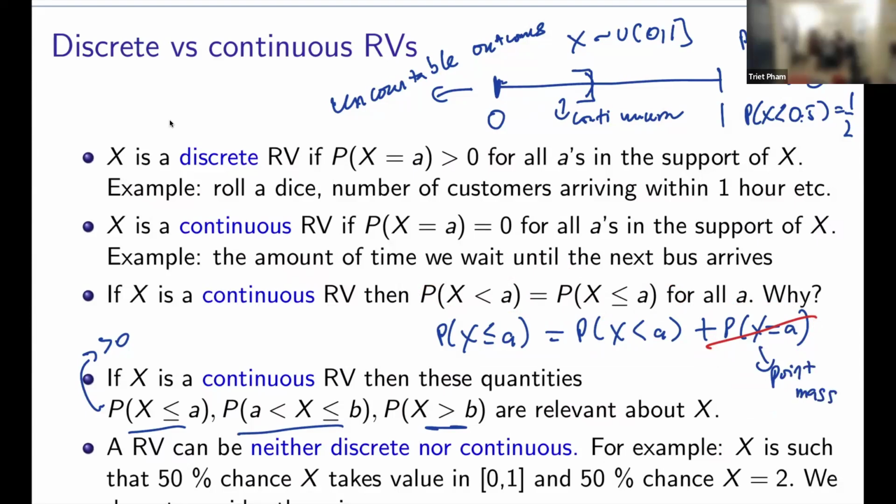So discrete random variables have point mass. Continuous random variables have density, but no point mass. Is this okay? These are abstract concepts, by the way. They are not that easy to get right. So do ask questions.